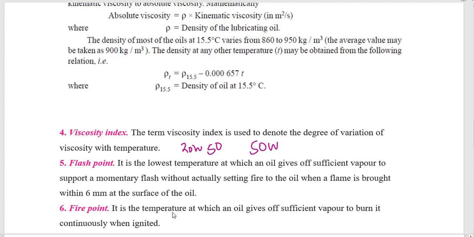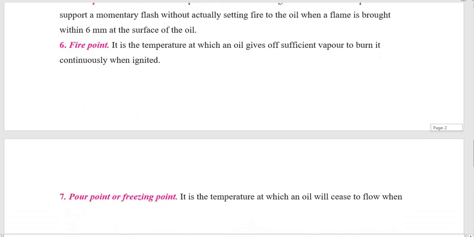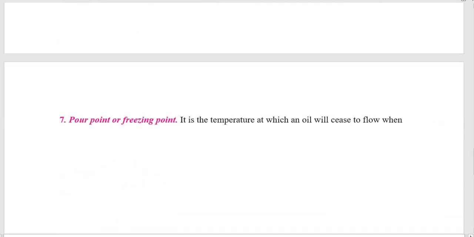Then the fire point is the temperature at which an oil gives off sufficient vapor to burn continuously when ignited. That is a property which one must consider when looking at lubricants.